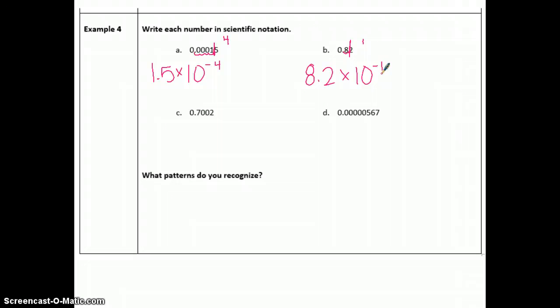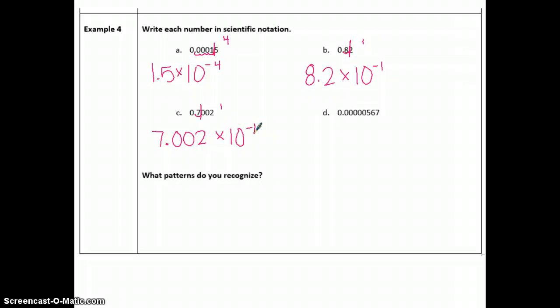Looking at letter C, I want one number in front of the decimal point, so 7. So I'm going to move this one spot. So my new number will be 7.002 times 10 to the, not the first, it's a small number, so it's going to be to the negative first power.